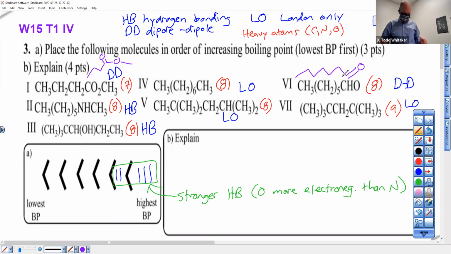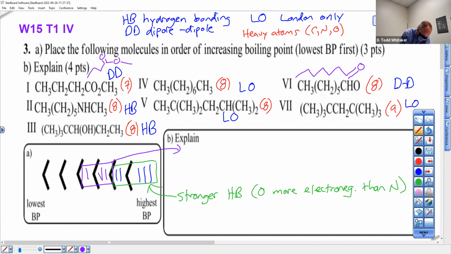Is that going to help the forces or hurt them? Help. Yeah, they got to be close. So you're going to write this down as VI is a little better than I. And you do that in purple.